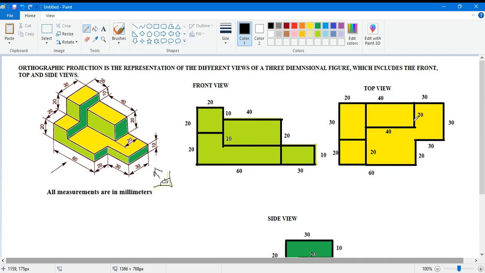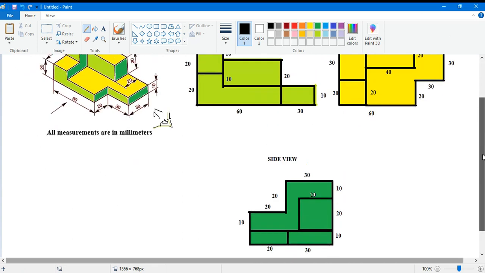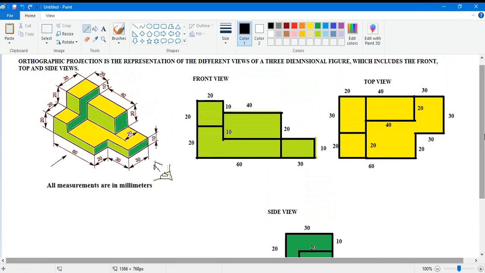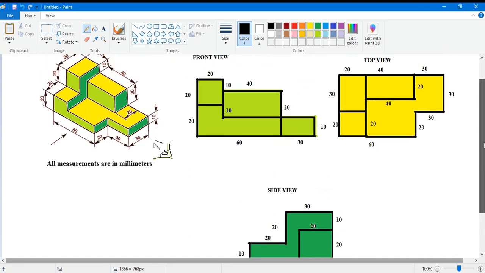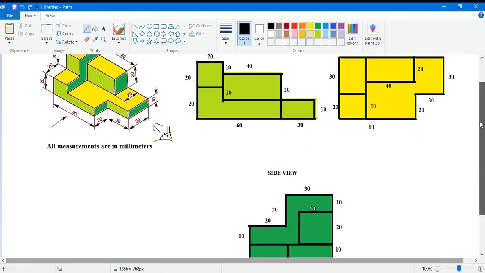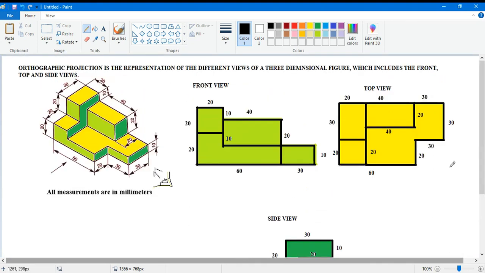This is how my figure is gonna look from the top, and this is how the figure is gonna look from the side, meaning this part here. Okay, so we understand this so far: front, top, and side. And after we have this, then we could do the drawing here. But you need to have this in order for you to do the drawing.